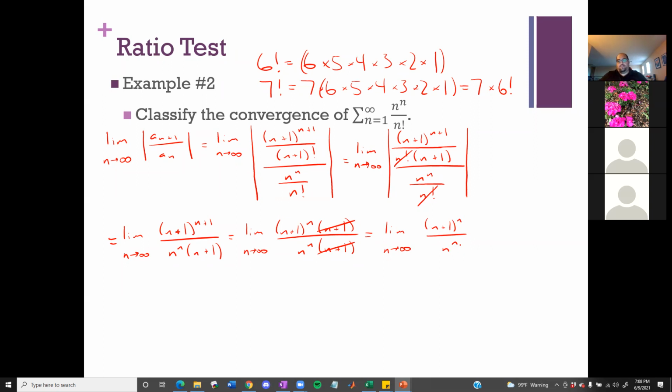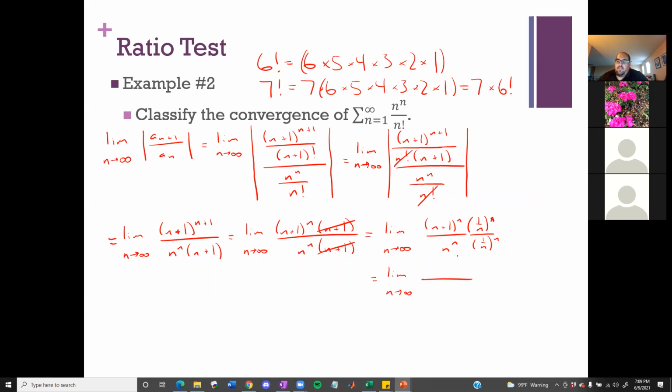All right, so where can I go from here? Are you allowed to multiply each one by 1 over n to the n? Or can you not do that? Yeah, we can do that. So basically the same thing as before.